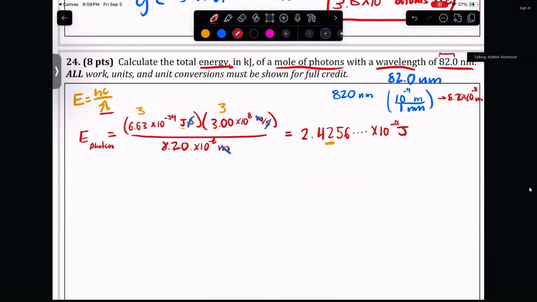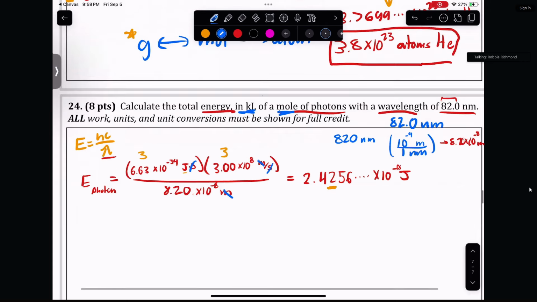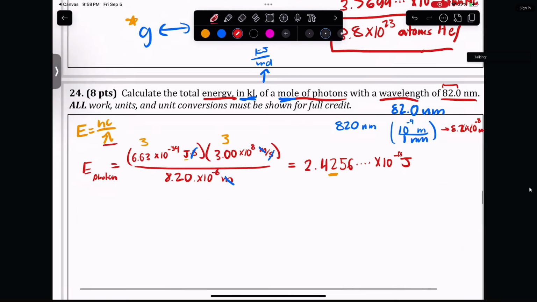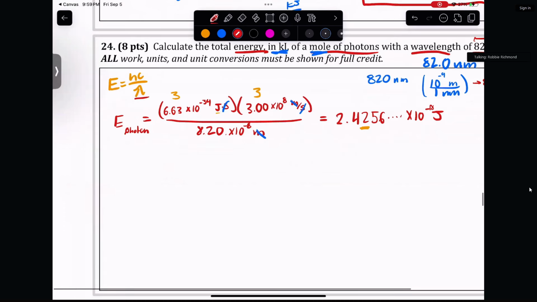Let's calculate the energy in kilojoules of a mole of photons. In all reality, what that's saying is get your answer in kilojoules per mole. Alrighty. So how do we do this?